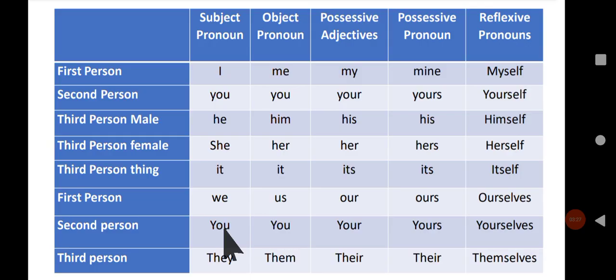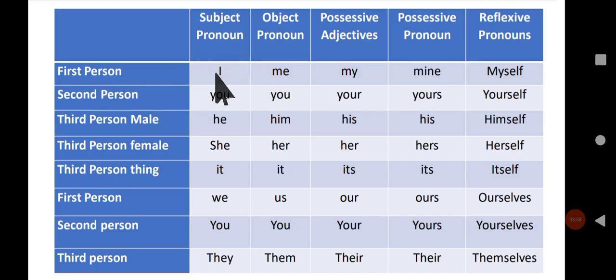Personal pronouns are divided into five types: subject pronoun, object pronoun, possessive pronoun, possessive adjective, and reflexive pronoun. Other than this, you also have demonstrative pronoun, interrogative pronoun, and distributive pronoun. All these are there, but they are not given for your text. So let us only learn what personal pronouns are.